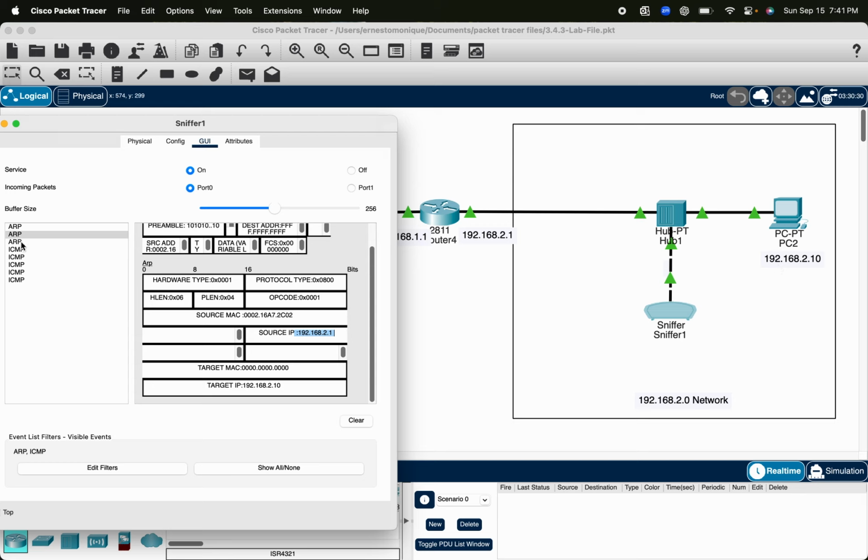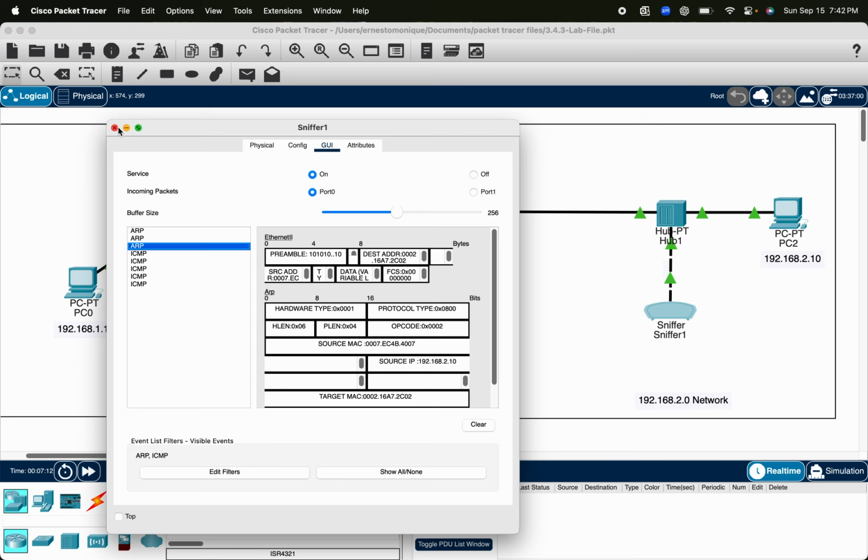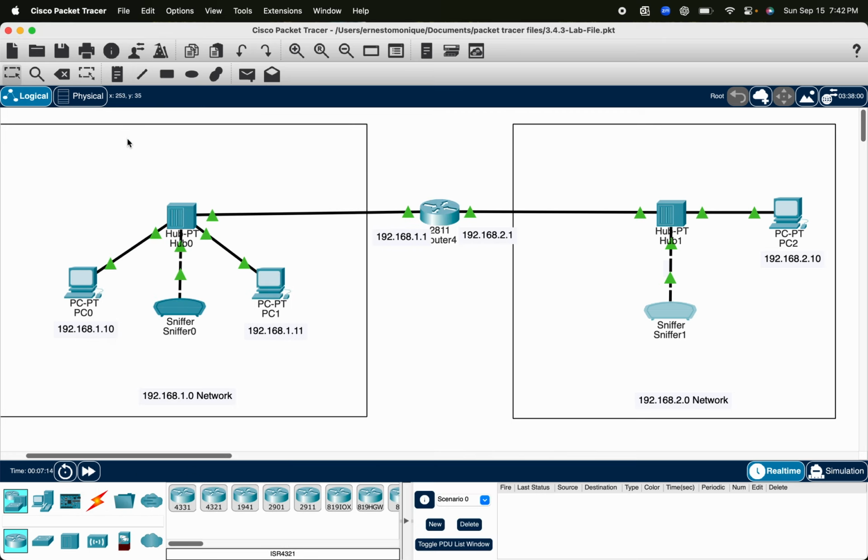As a response, the target computer is gonna send an acknowledgment saying its MAC address and its IP address. So this is how you can connect with a computer from another network.